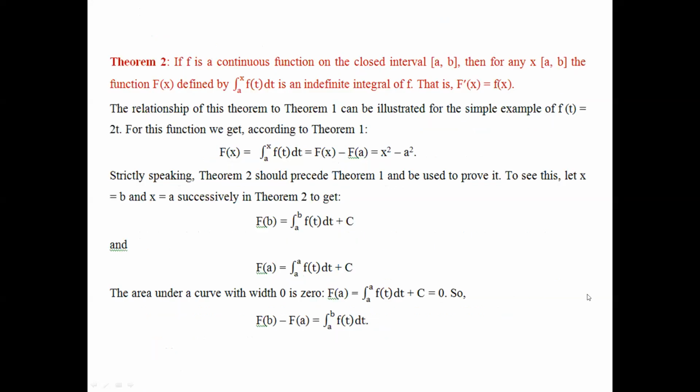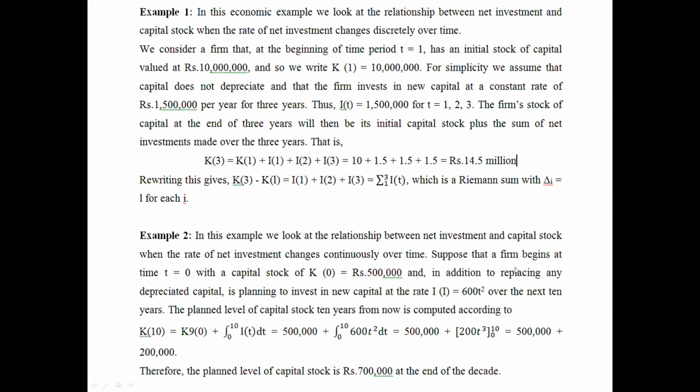If you look at the continuous case, t is equal to 0. So K0 is 5 lakhs. Again, depreciation is 0. And the firm plans to invest at 600 t square over the next 10 years. So, sorry, there's a mistake over here. It should be K0.